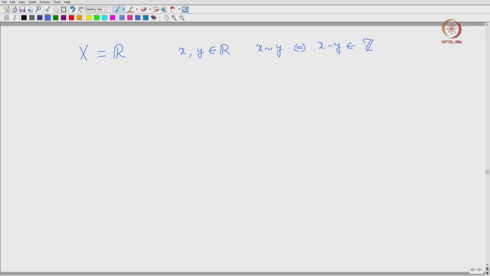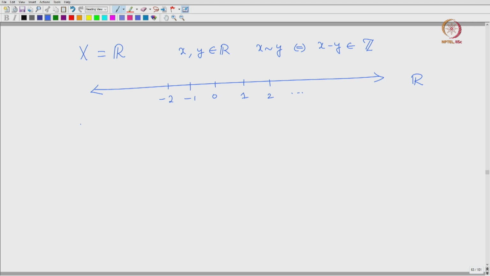Then we want to identify all possible equivalence classes. So let us draw a diagram. We have this real line, with 0 here, 1 here, 2 here and so on, minus 1 and minus 2 here and so on. Now we can take some typical element and see what the equivalence class will be.